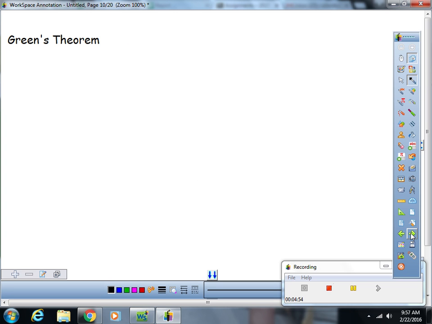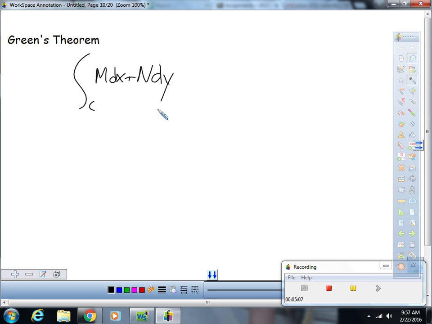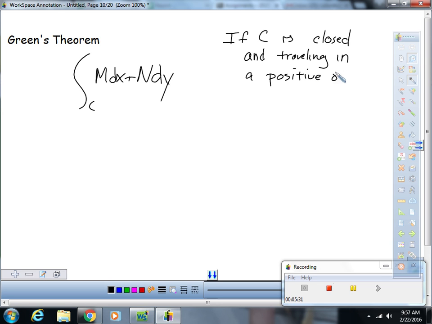Green's theorem says if you have a line integral, so this is why we did all this, M dx plus N dy, that's just a line integral. But now you've got a closed curve. I probably should say traveling with a positive orientation.